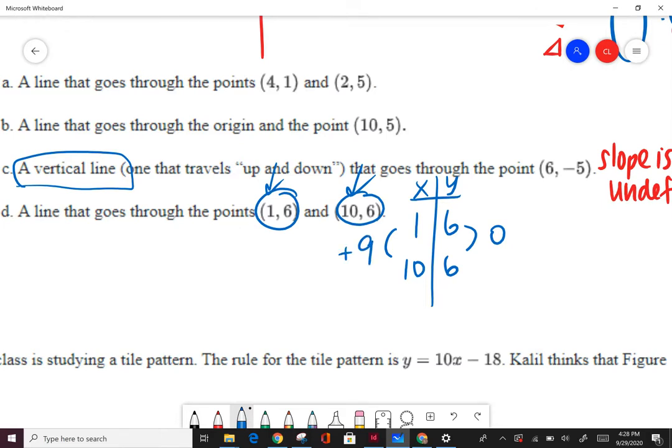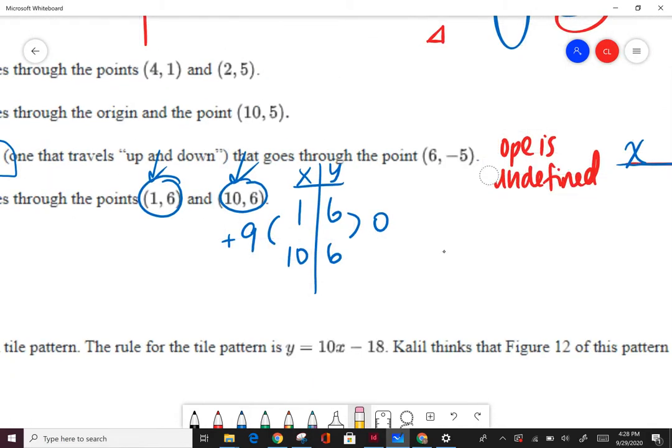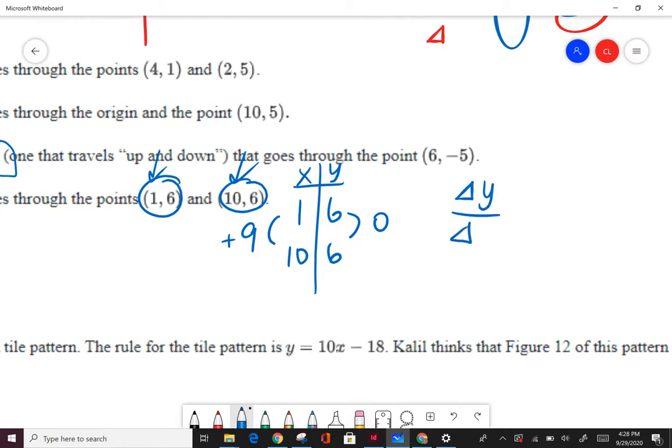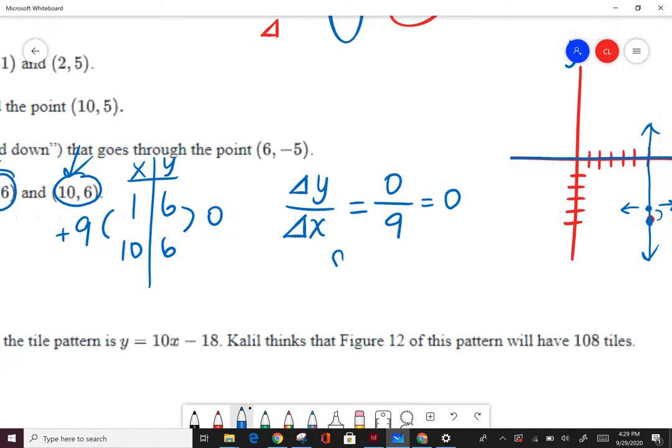So again, if we use change in y over change in x, we get 0 over 9. And does 9 go into 0? It does. 9 times 0 is 0. So our slope is equal to 0. Or sometimes you might see it as slope of 0. Okay.